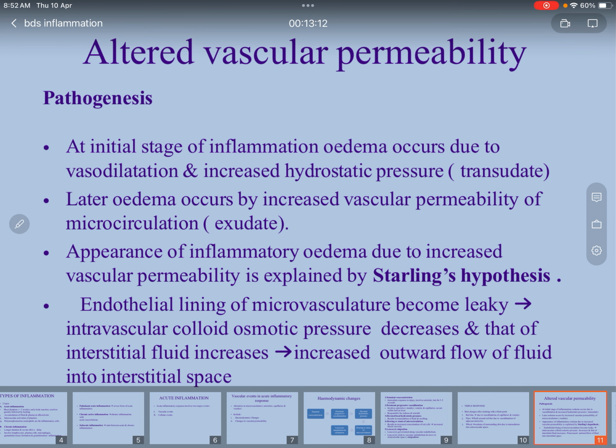Appearance of inflammatory edema due to increased vascular permeability is explained by Starling's hypothesis, in which the endothelial lining of the microvasculature first becomes leaky, and as a result intravascular colloid osmotic pressure decreases and that of the interstitial fluid increases, which results in increased outflow of fluid into the interstitial space, right?